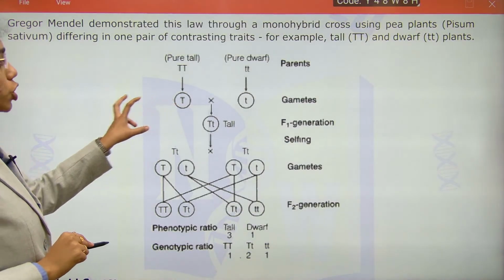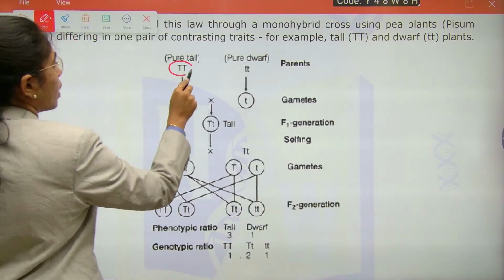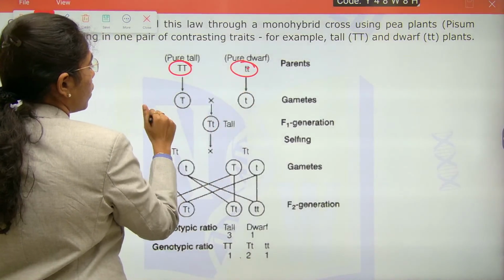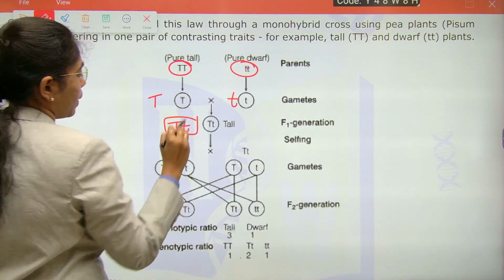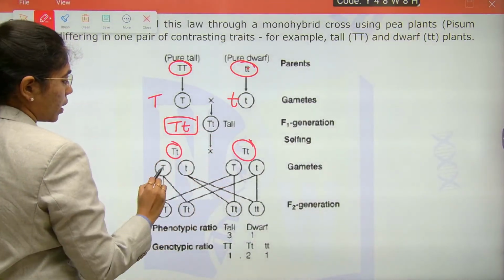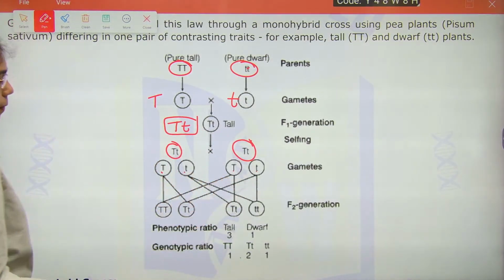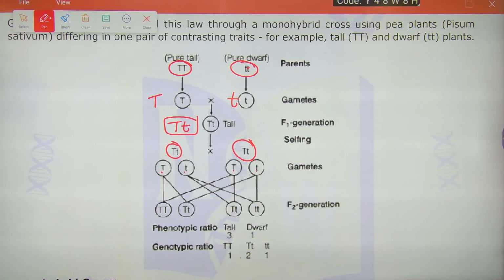Parental generation, which is pure tall and pure dwarf, with two alleles, and in F1 generation this is the hybrid. And the gametes which are formed over here, capital T small t, capital T small t. These are four gametes for F2 generation. In F2 generation you will get classic ratios.